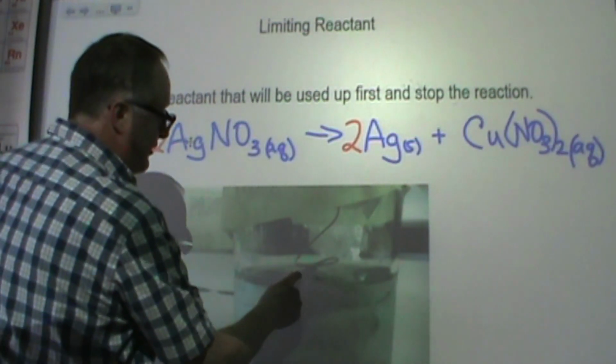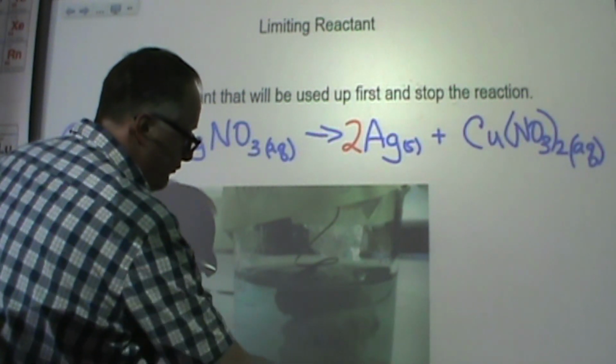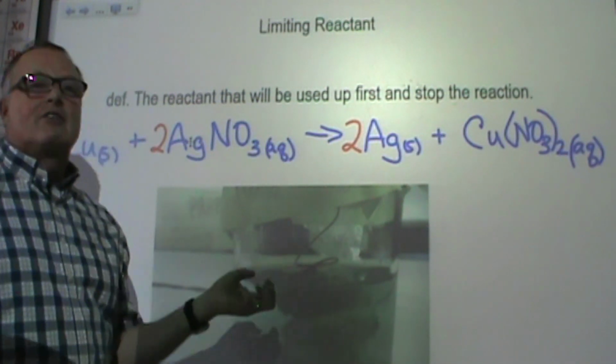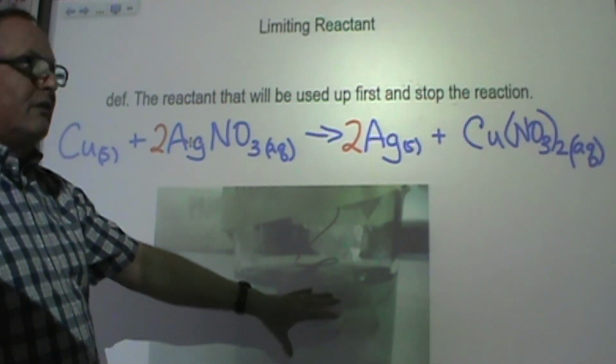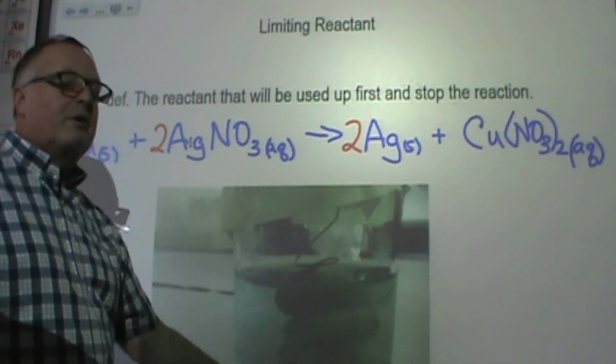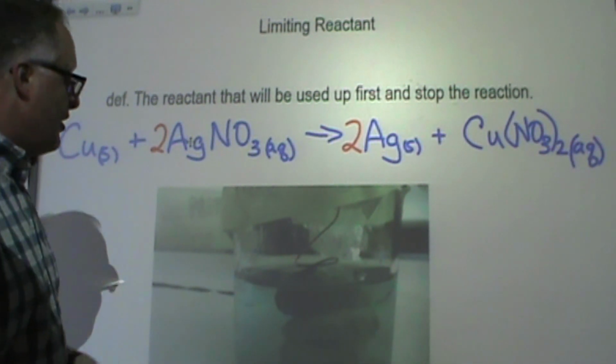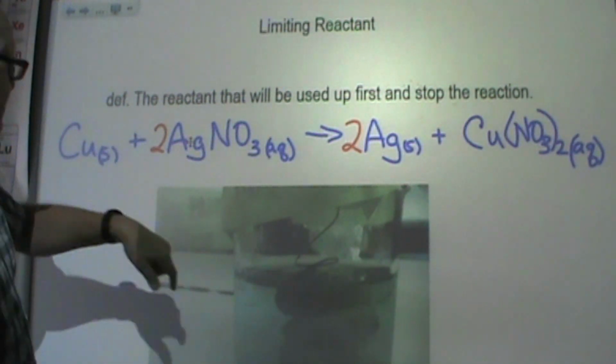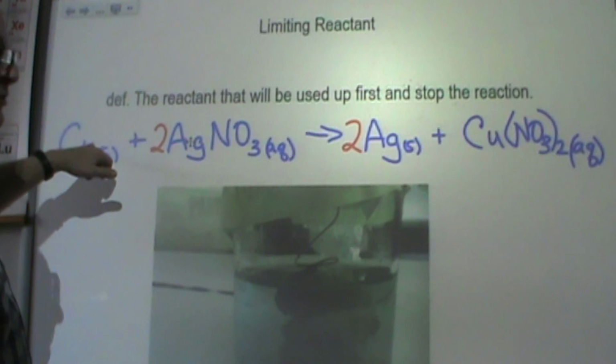There's still lots of copper. We can see copper here, and this is still in a coil form. It would not be that silver. The little crystals are so delicate and tiny that if you took the coil right out of there, it would all just become a lump on the bottom. So the fact it's still in the coil form shows that there's still lots of copper to react.